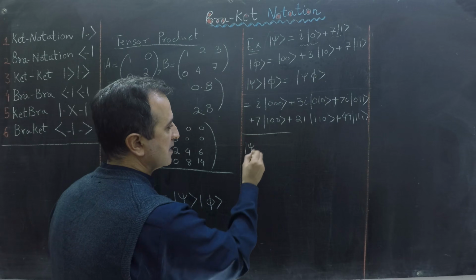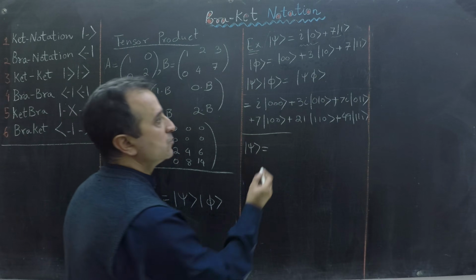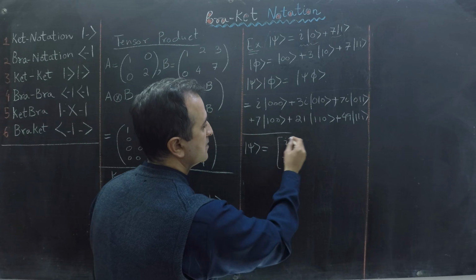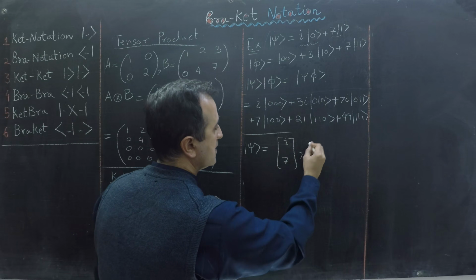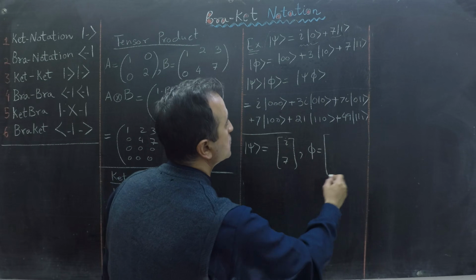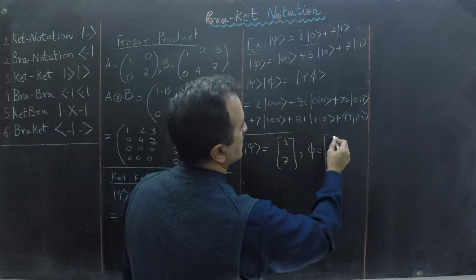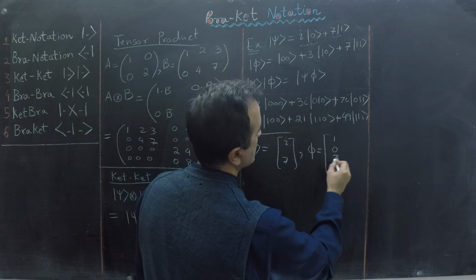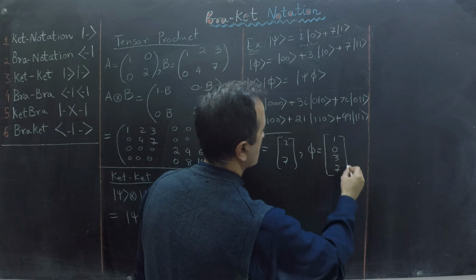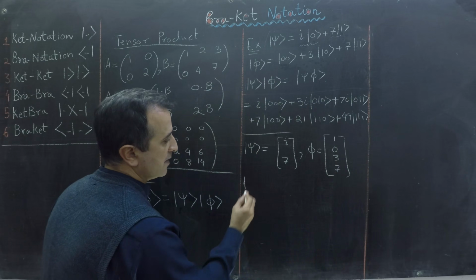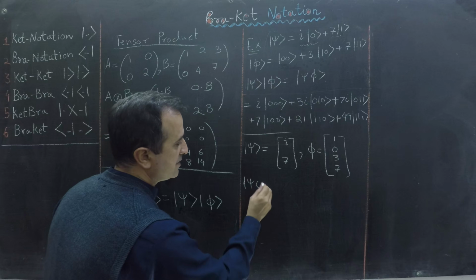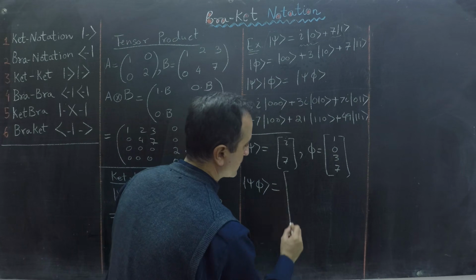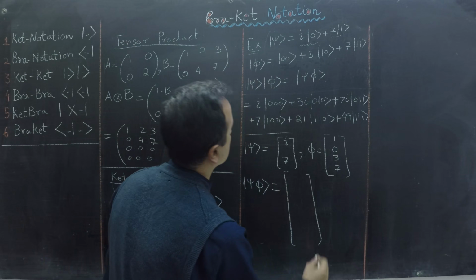My ket psi was equal to [iota, 7], my ket phi was equal to [1, 0, 3, 7], and then the tensor product of these two vectors was equal to a higher dimensional vector.